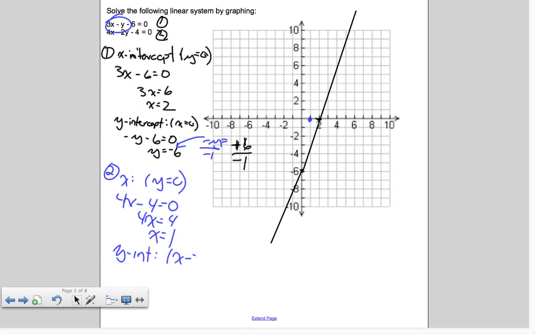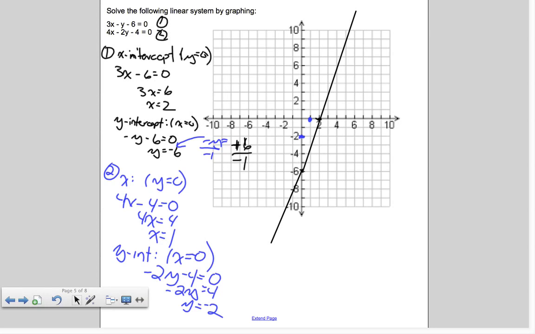So here my y-intercept, when x equals 0, that gives me negative 2y minus 4 is equal to 0, so negative 2y is equal to 4, and y is equal to negative 2. And there's my other point. So really what we're doing is taking two equations and graphing them.